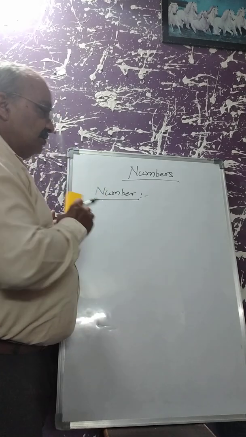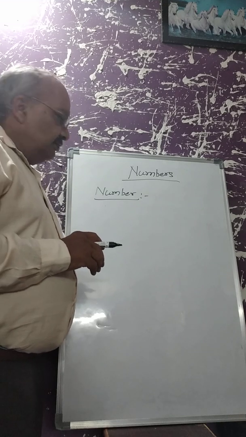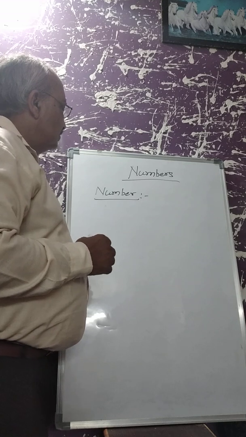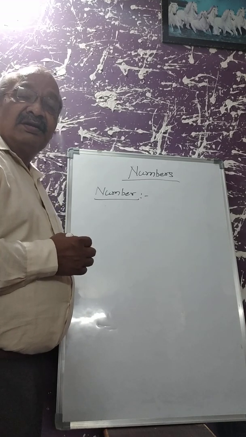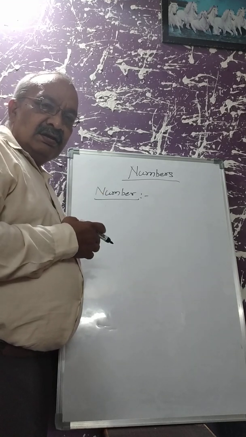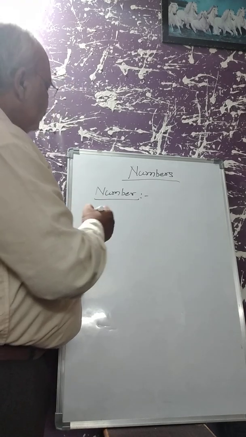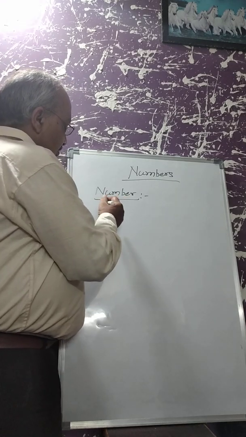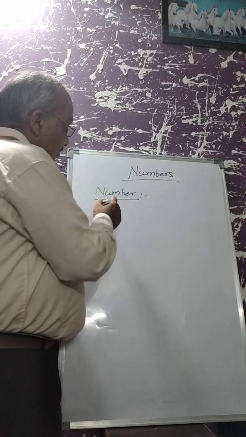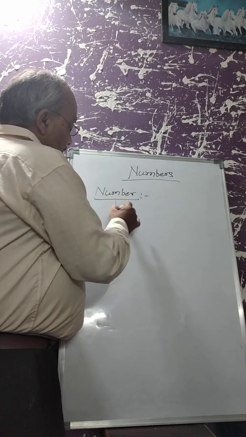In my last video, which I had made for the students of class 4, that was in Hindi. This time, I want to make it in English, and this video will be useful for class 3 and class 4 both. In my last video, I had discussed, which I will discuss again, there are two types of numbers.